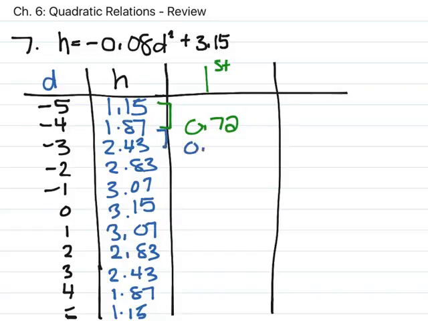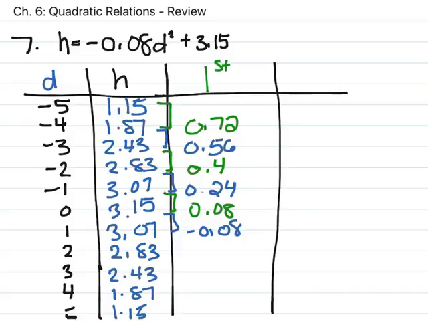Then these guys will give you 0.56, 0.4, 0.24, 0.08, negative 0.08, negative 0.24, negative 0.4, negative 0.56, and the last one is negative 0.72.